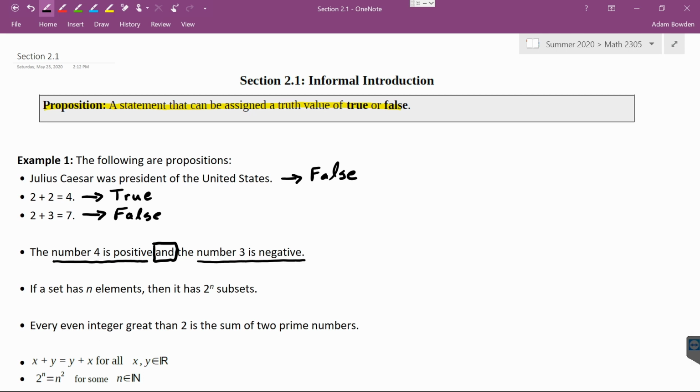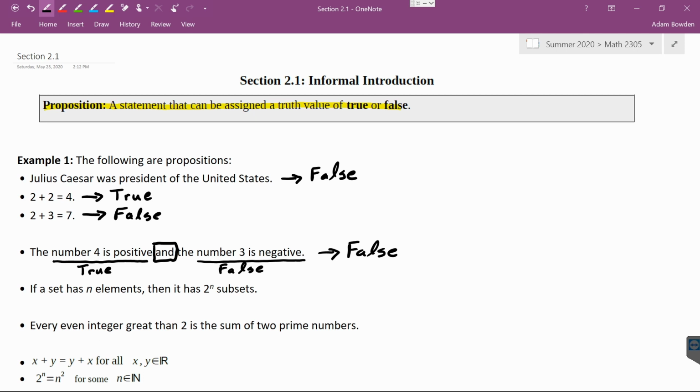The number 4 is positive would be true, but the number 3 is negative is false. So overall, the proposition together would be false. Since we have one true and one false, we would only expect this proposition to be true when both statements connected by and are true.